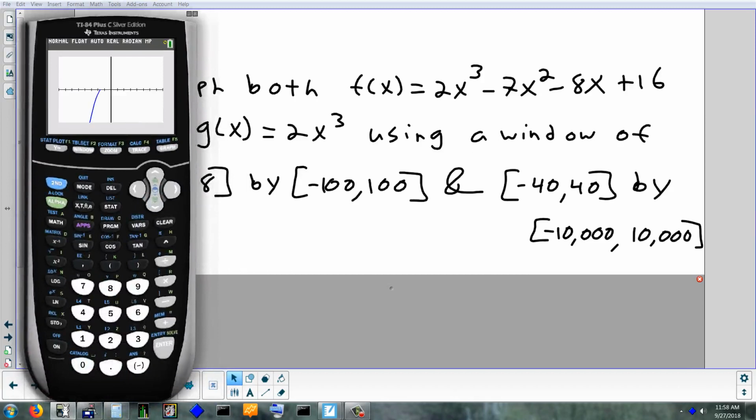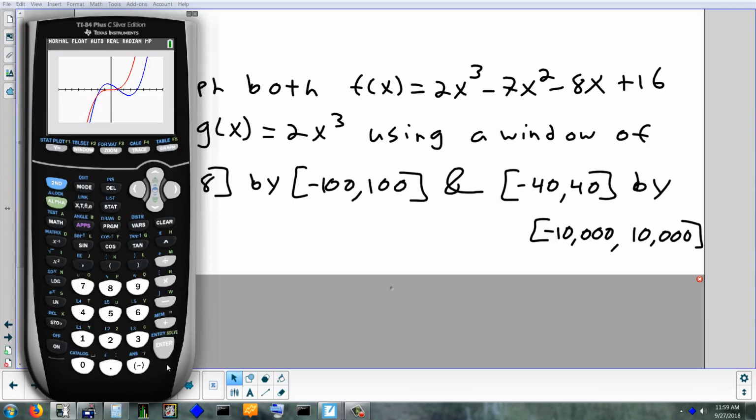What you're seeing right now in blue is the original. What you're seeing in red looks different, right?